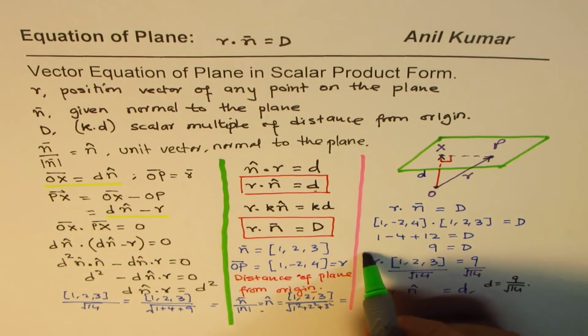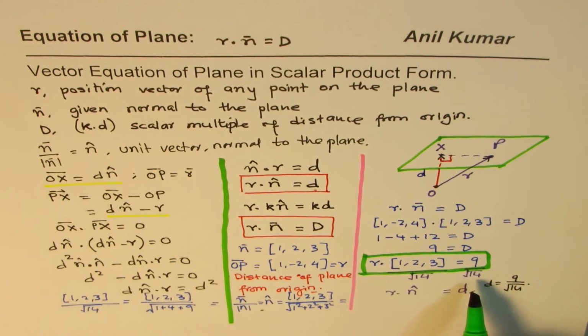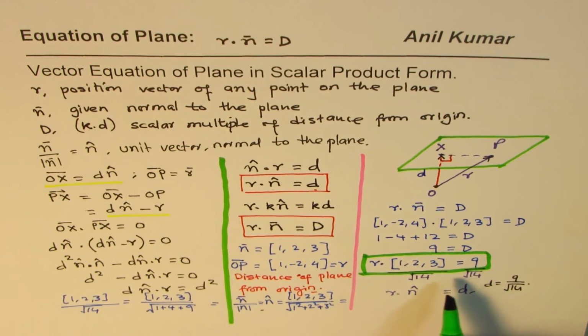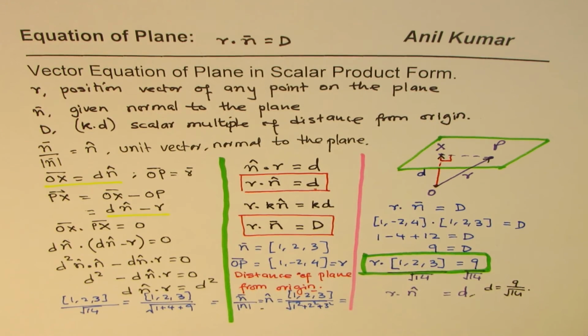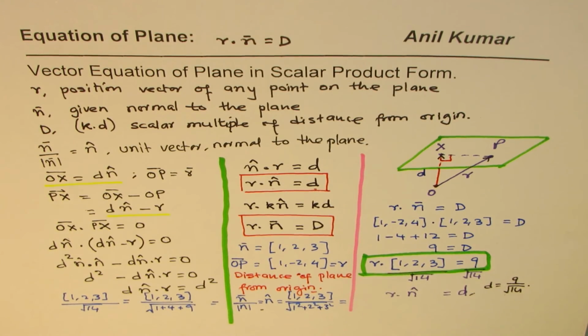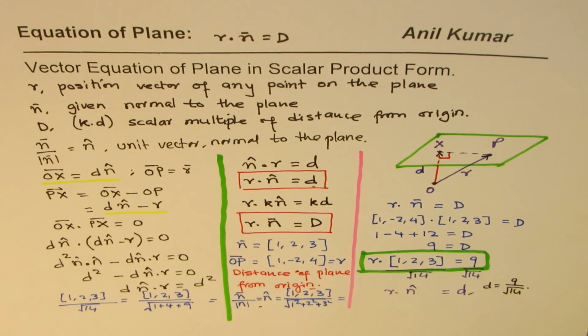And then to get the distance from the origin, the idea is to write that normal vector as a unit vector. Once you do that, you can straight away read the distance from origin. That's the whole idea. It's a very powerful equation which we are going to use many times. So try to understand how we derive it and how we can apply it. I'll take a few videos and I hope the concept will be absolutely clear.